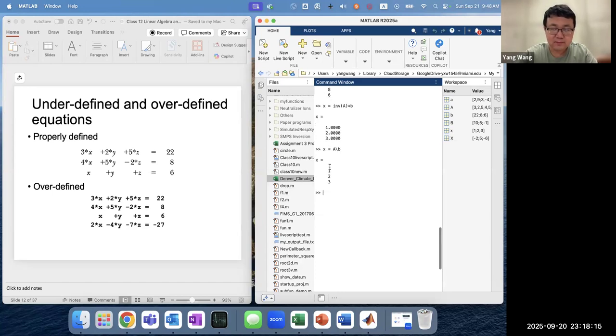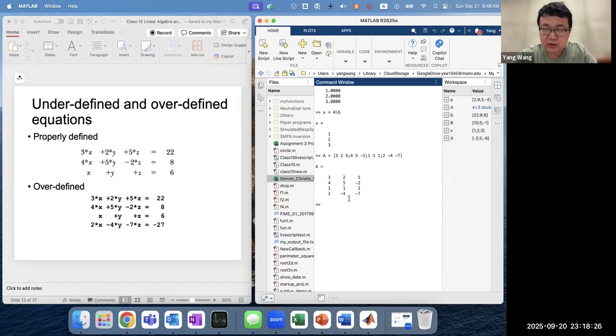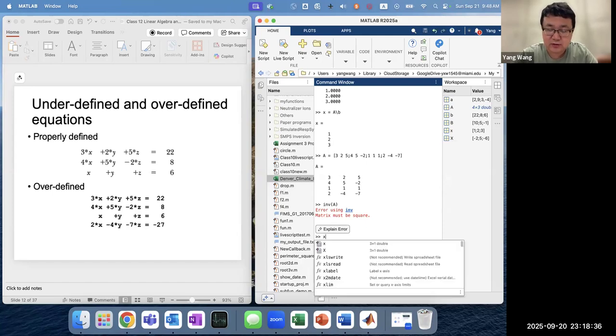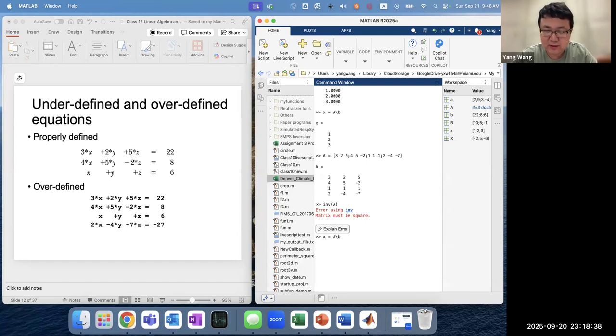So now if you define A being 2, minus 4, minus 7. Since the A matrix is 4 by 3 now, I don't think you can calculate the inversion anymore, because the inversion calculation has to be on a square matrix, right? So under this situation, we should use the left division method. We need to include the B, right?